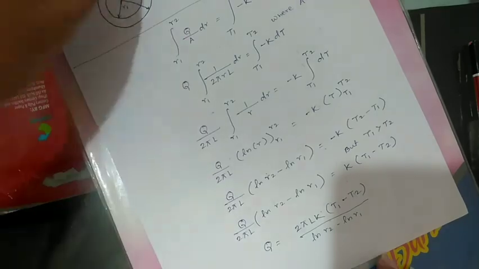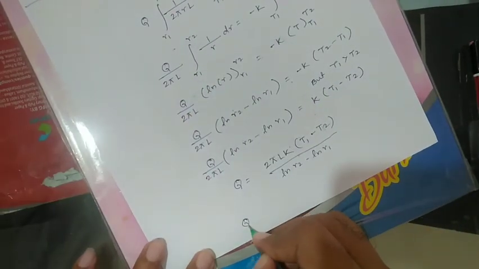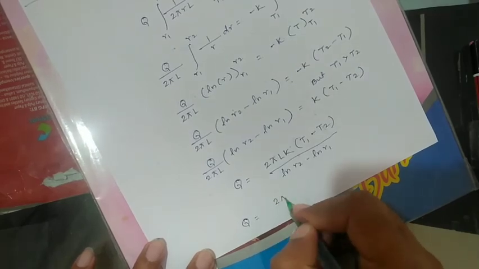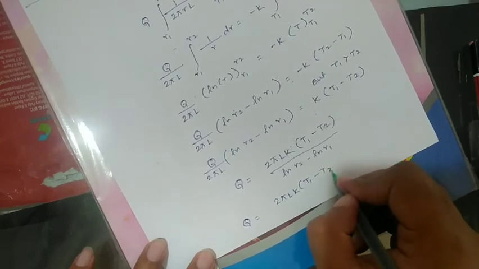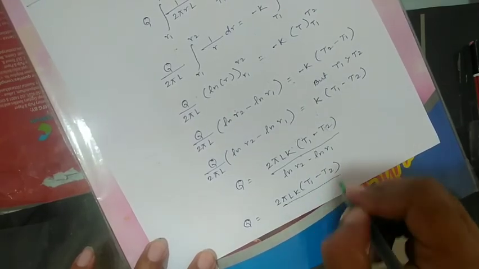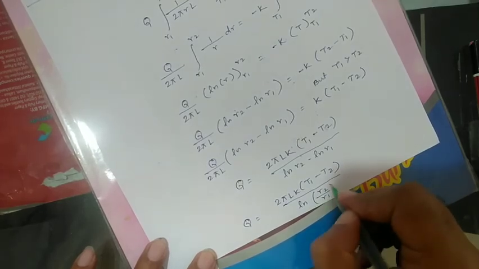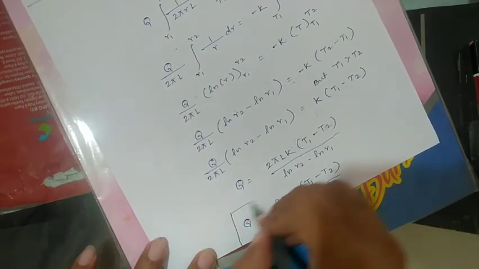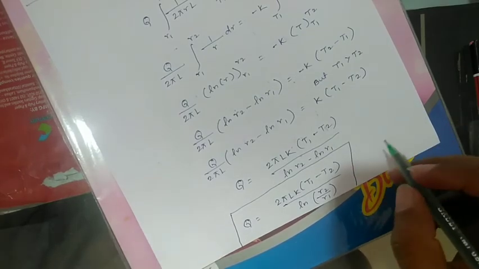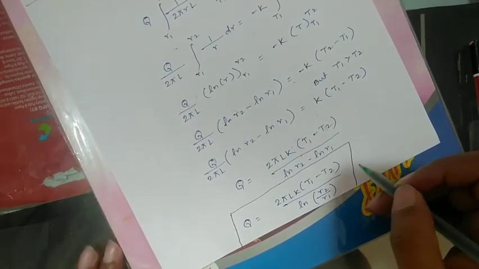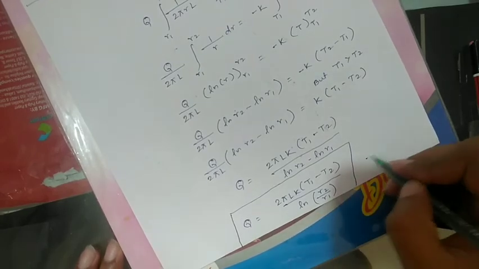From the property of logarithms, we have Q equal to 2 pi L K times t1 minus t2 divided by ln of r2 by r1. This is the equation for the heat flow rate in an infinite hollow cylinder. Its unit is watt.